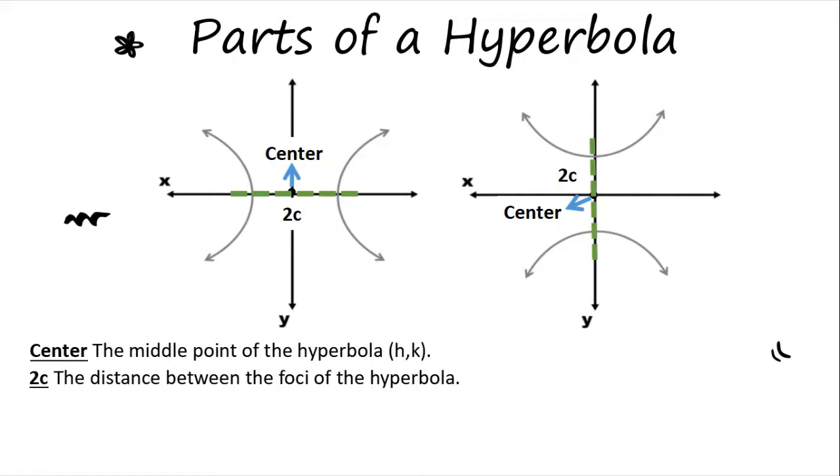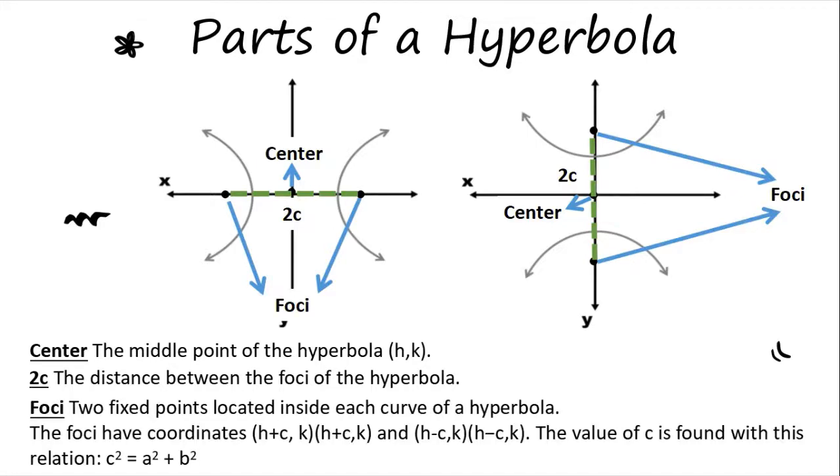And as you've noticed, we also have two kinds of hyperbola. First, this is graphed horizontally, so a horizontal hyperbola, and also in vertical form. Each one of the graphs will show the parts of a hyperbola.